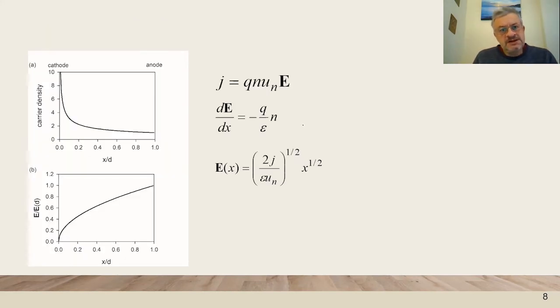To find the distribution of carriers and electrical field in the space charge limited current regime, we need to solve two combined equations. The first is the equation of the electrical current, which contains the product of the electron density and the electrical field. And the second is the Poisson equation that relates the derivative of the electrical field to the amount of local charge.